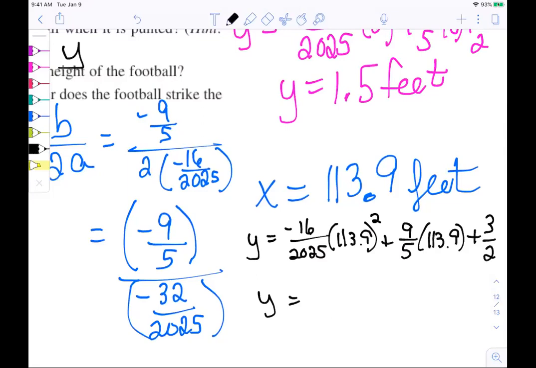Don't forget to square 113.9. I forgot my little squared power there. And that number should be approximately 104 feet. Put little squiggles here to represent approximate.